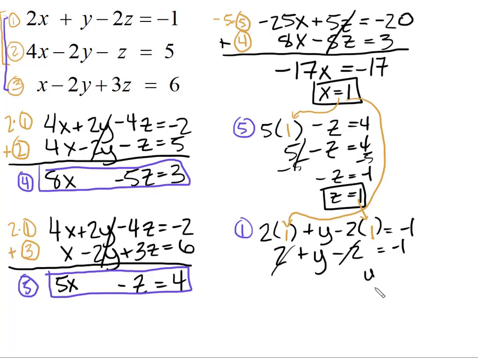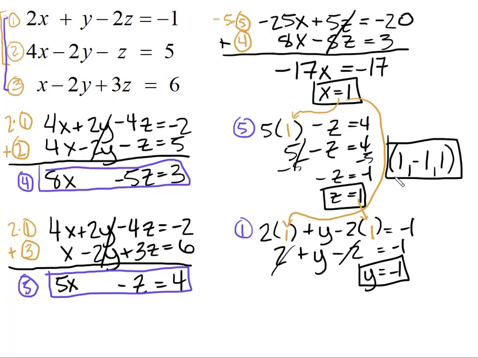So they kind of cancel each other out when I combine my like terms. And I end up getting that y is negative 1. So my ordered triple, if I have this right, is 1 for x, negative 1 for y, and positive 1 for z. So that should be my x, y, and z triple.